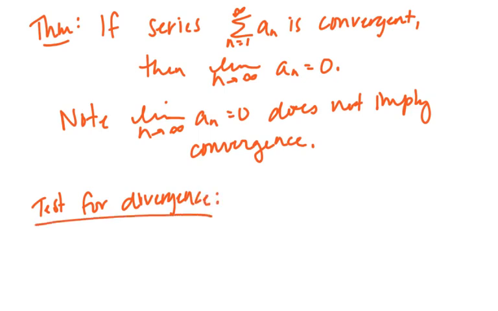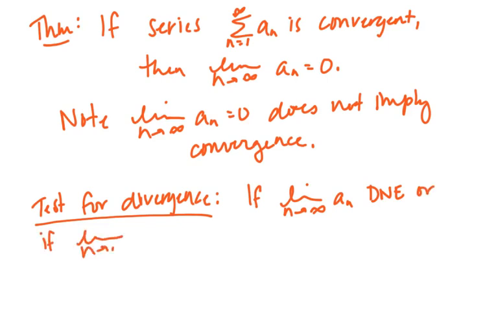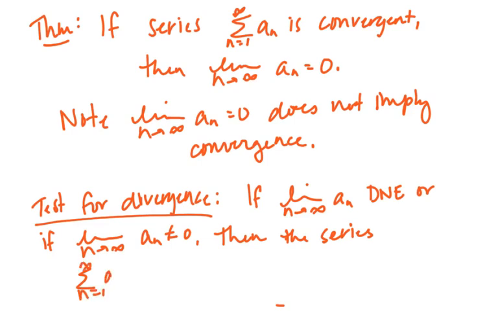And the test for divergence says if the limit as n approaches infinity of a sub n does not exist, or if the limit as n approaches infinity of a sub n does not equal 0, then the series, the summation from n equals 1 to infinity of a sub n is divergent.